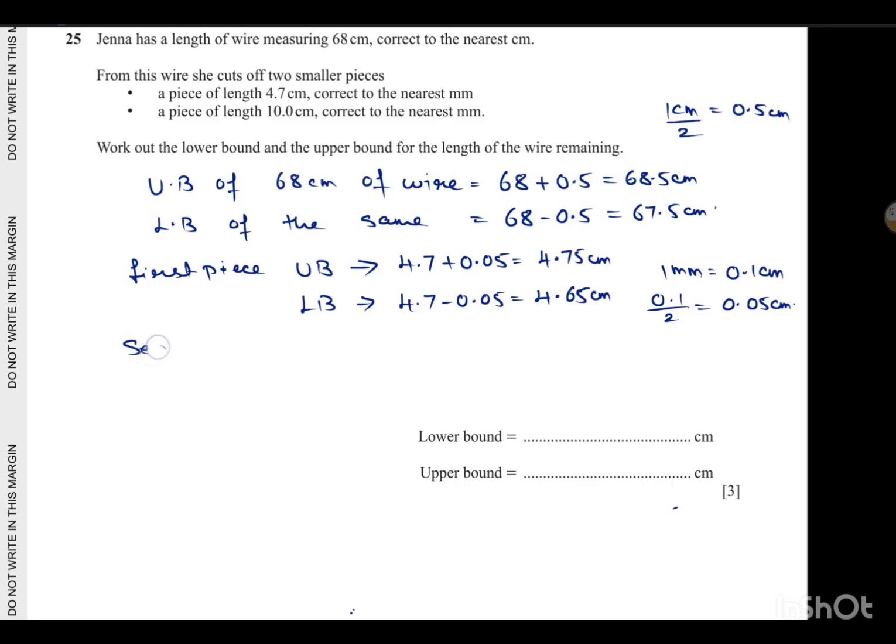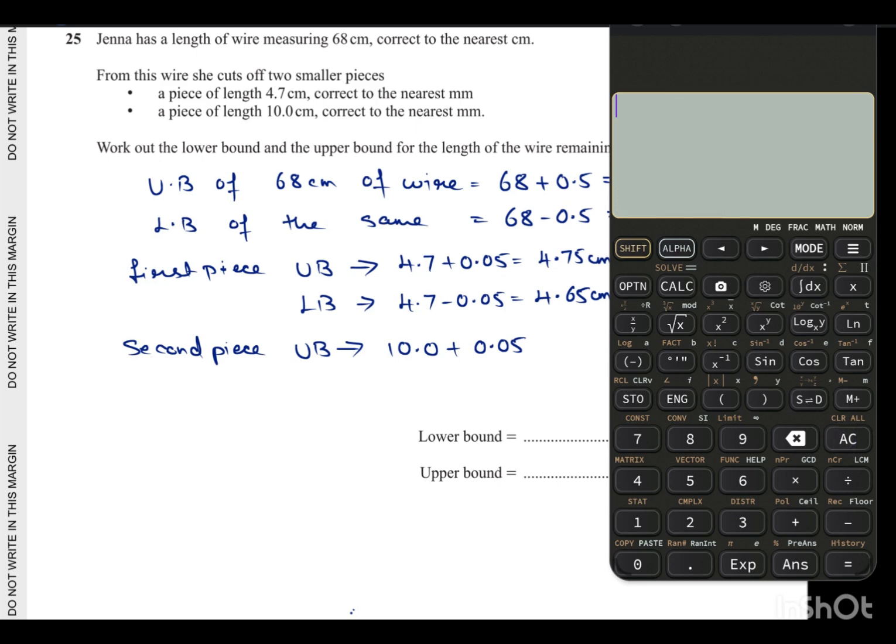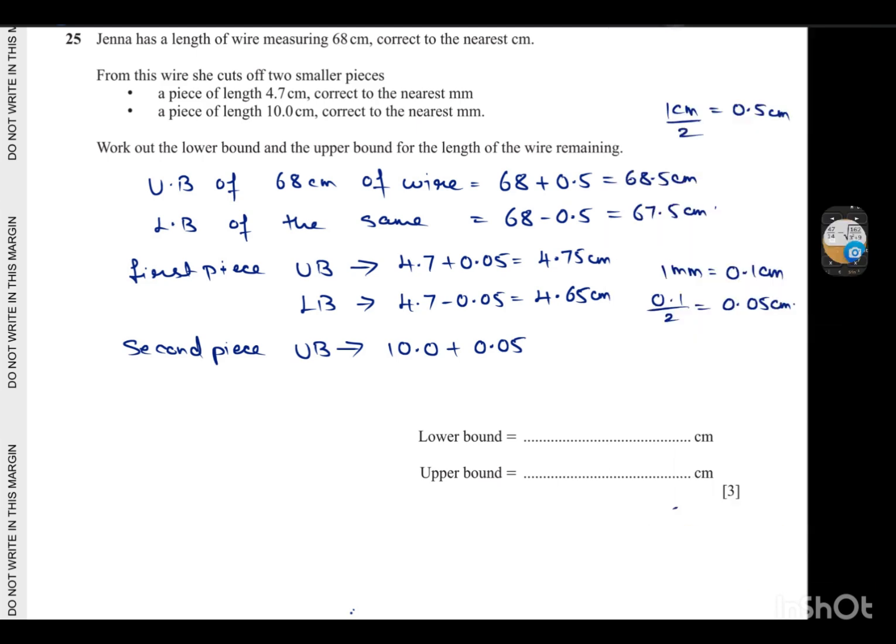Then the second piece, same thing you'll do. For the upper bound you will add 10.0 plus 0.05. So 10 plus 0.05 will be 10.05, and the lower bound will be 10 minus 0.05.